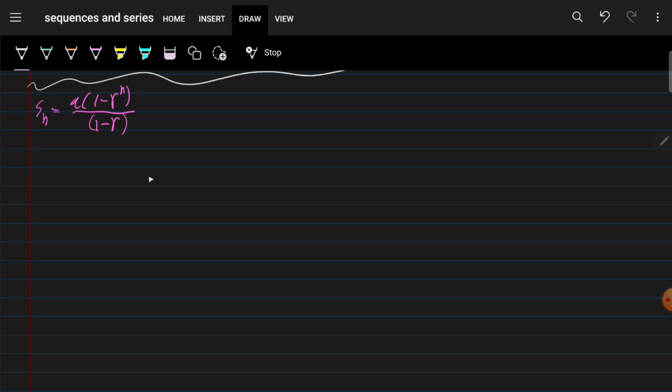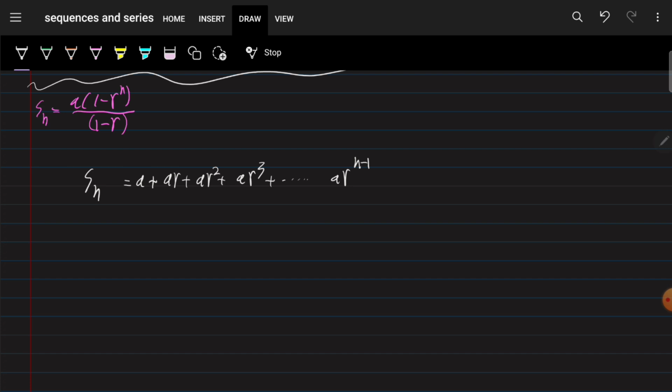So the sum of the first n terms will be a, first term, plus the second term, plus the third term, plus the fourth term. Sorry, 1, 2, 3, should have been 3. There we go. Fourth term plus all the way up to the ar to the n minus 1 term. So this is the sum we are trying to find, the sum of the first n terms of a geometric series.